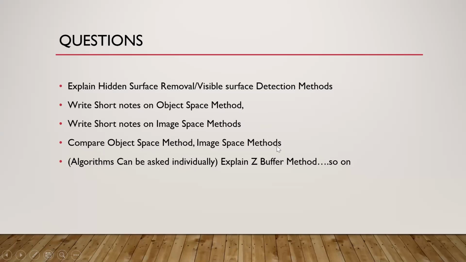And you've studied different algorithms like back face detection, where you find whether a particular object surface under consideration is behind or in front of the viewing direction, based on the dot product of the view vector and the normal. Then the z buffer method, wherein you calculate the z value and color based on the z value obtained.